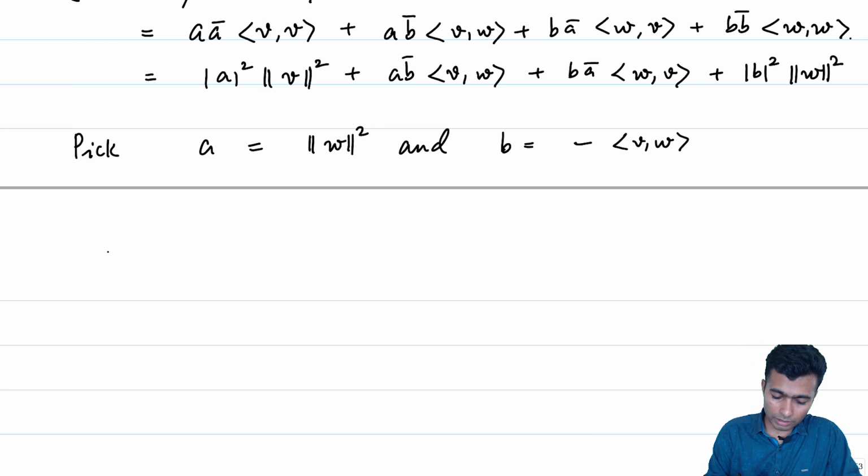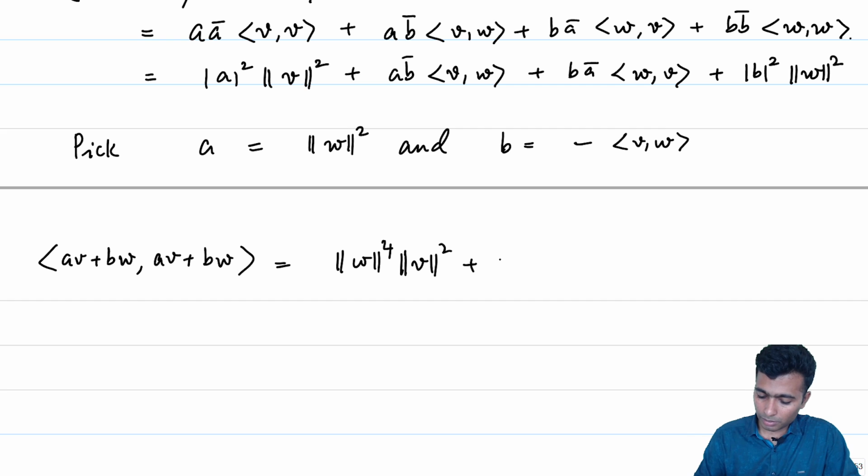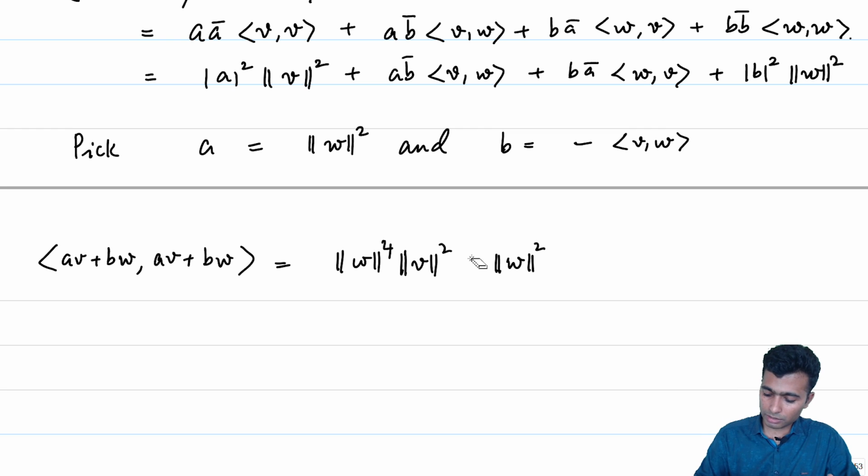And this hence will tell us that the inner product of AV plus BW with itself is equal to the length of W to the power 4 times length of V square plus the length of W square times B bar. B bar is just minus of V comma W the whole bar, so this is going to be minus the inner product of V with W, squared.